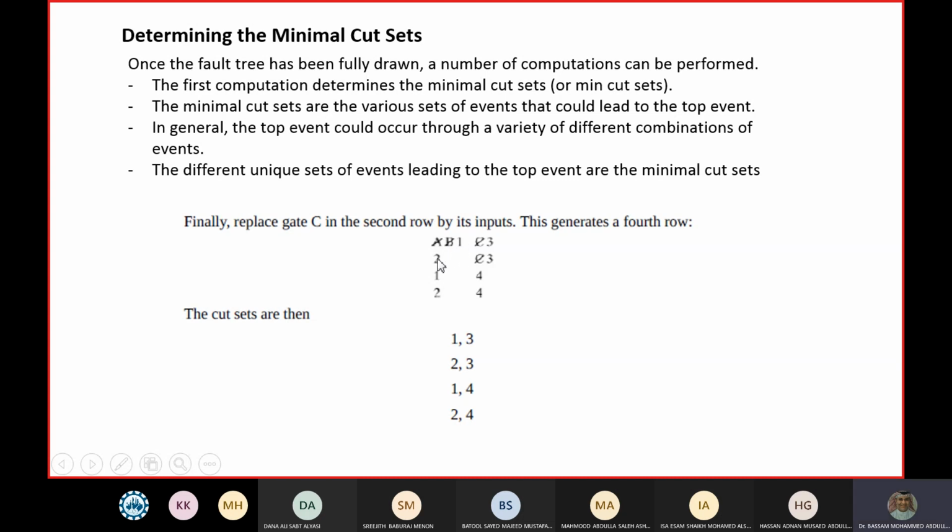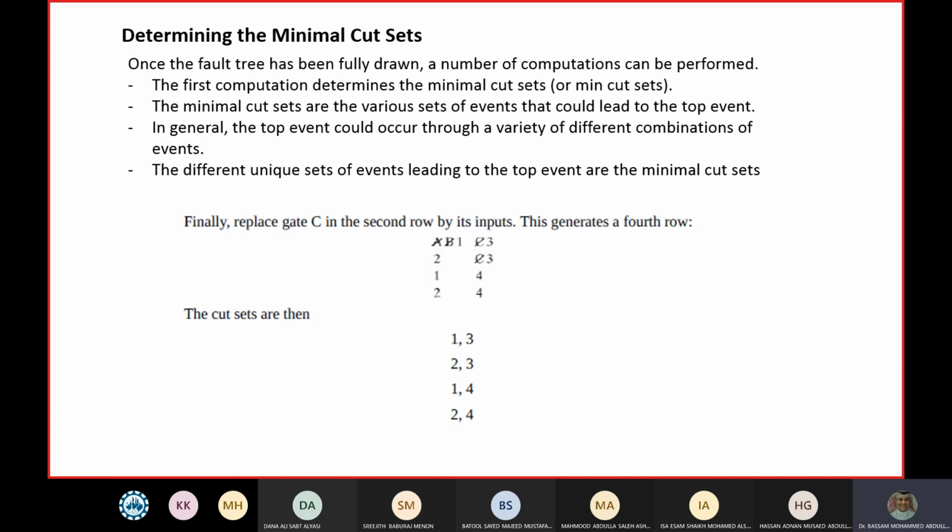However, my 1 and 2 will be repeated with 3 and 4, which is 1, 3, 1, 4, or 2 and 3 and 2 and 4. If you like this way, go ahead, or you like the other way that I have explained, go ahead with it.